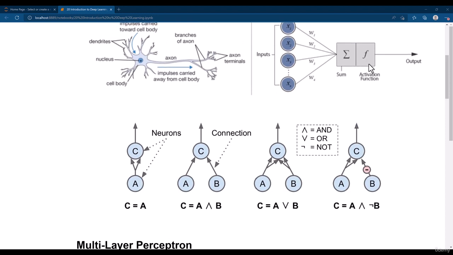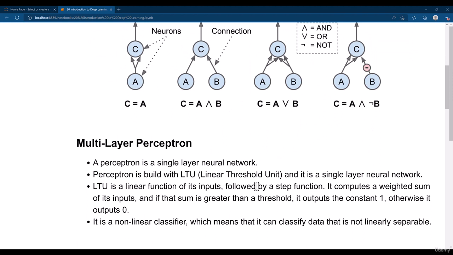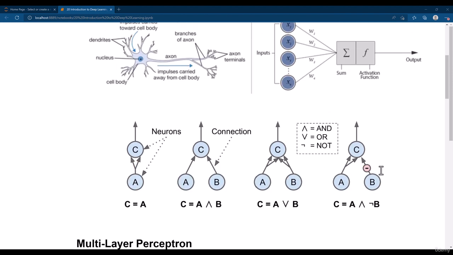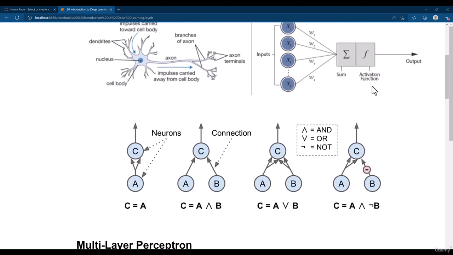This step function is also known as the activation function. We will be seeing a detailed lecture on the activation function in coming lectures.